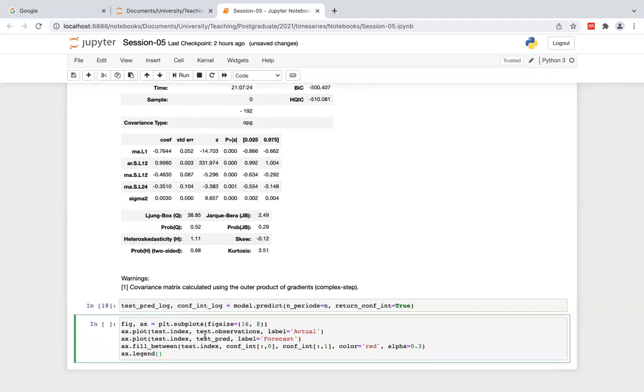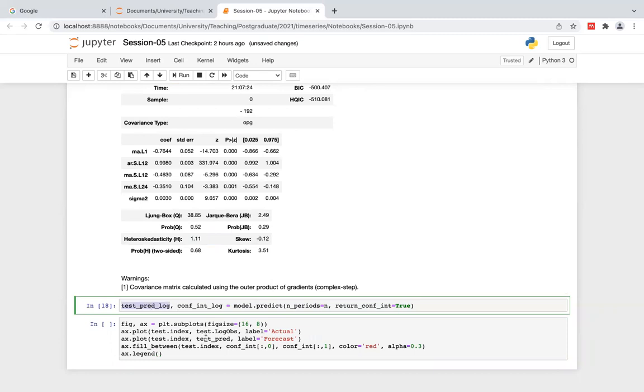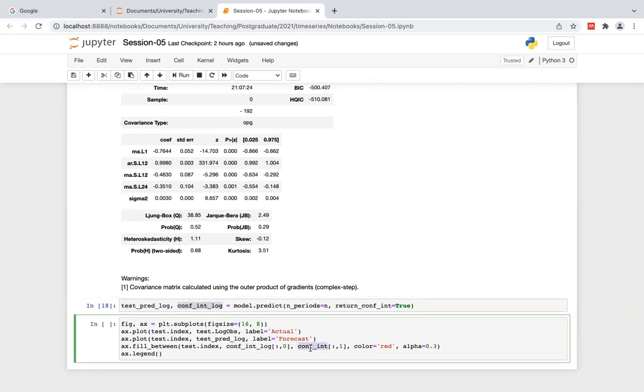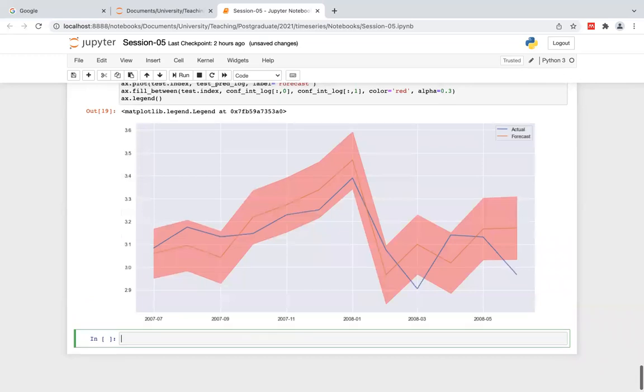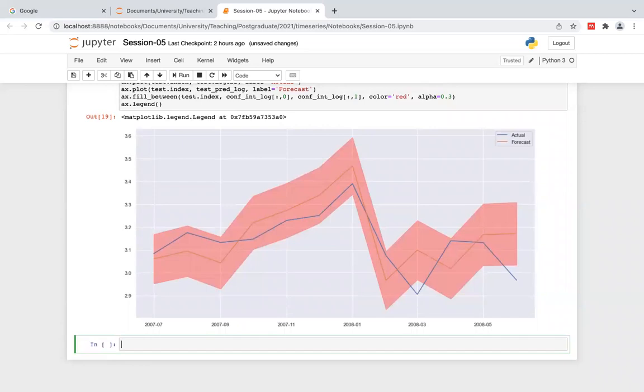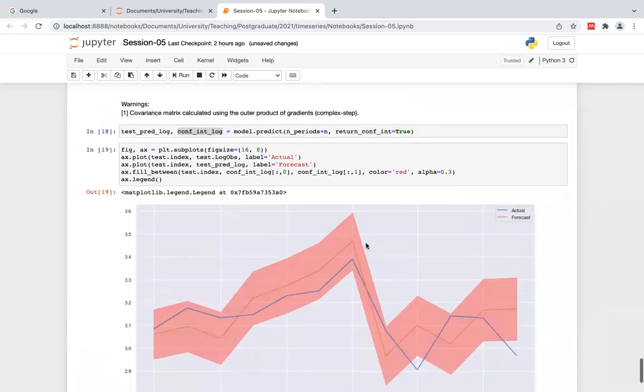Let's update the test index; it should be log observation, test predict log, confidence interval, color, that's fine then. Not much better. Right.